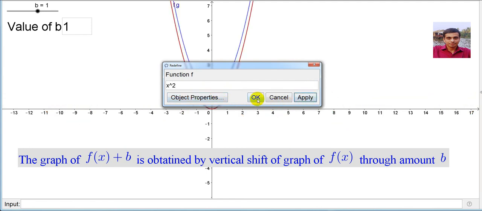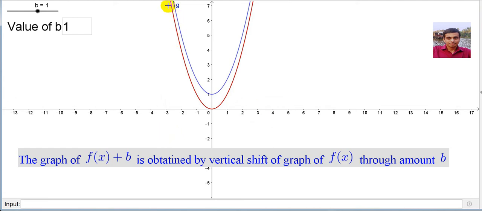Okay. So the graph in red color is that of x square and the graph in blue color is that of x square plus 1. For different values of b, see how the graph of x square plus b gets changed. There is just a shift of vertical amount.